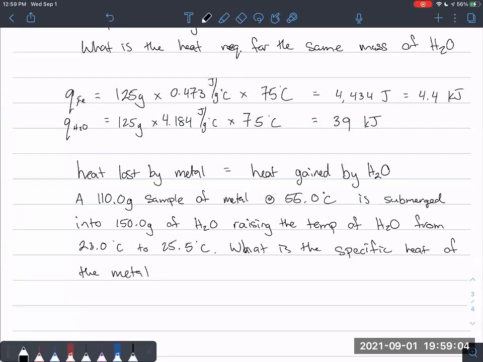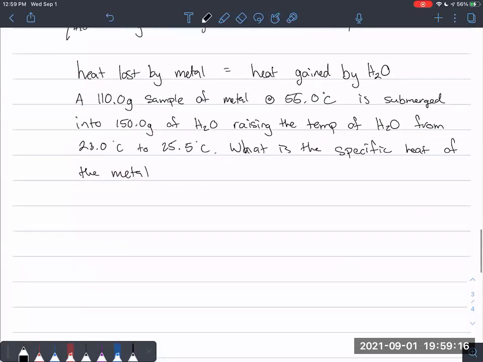Now, one thing I want to show you here is that the heat that the water gains is going to be equal to negative heat for the metal.